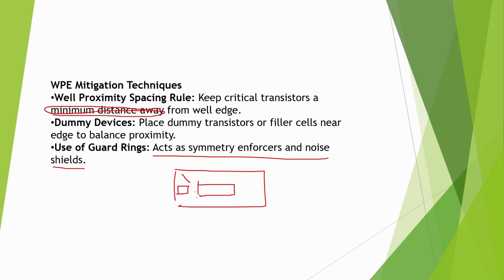We can say this device has less WP effect compared to that. You should not say we are avoiding 100% WPE, because there might be some variation at this location also. So we cannot say it is 100% proof.